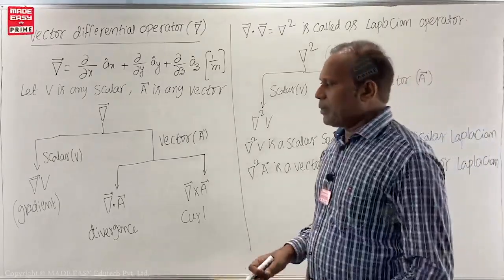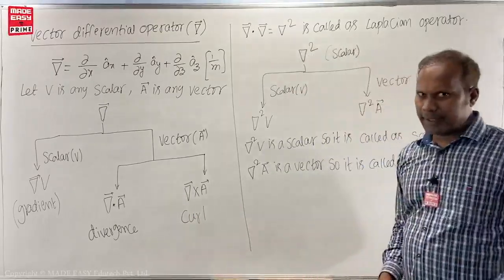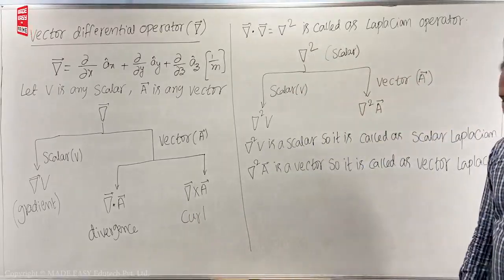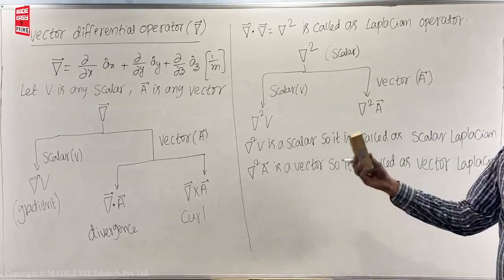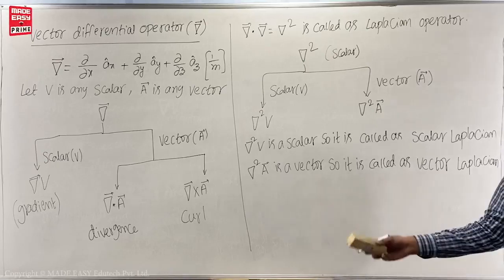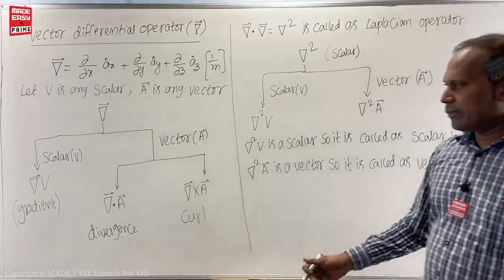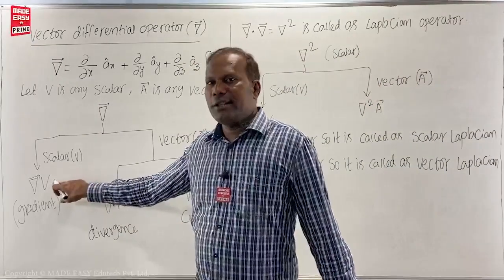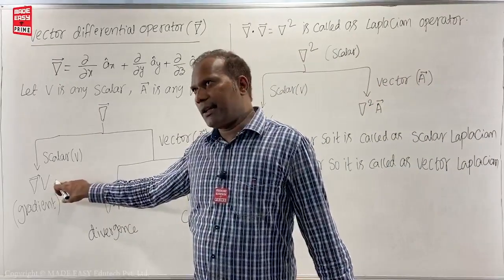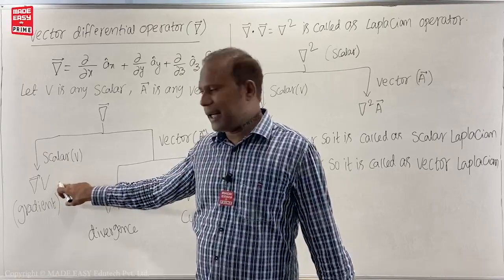So now you have to see the formulas of each one. First we will see the physical meaning, then formulas, then example formula in electromagnetic theory I will tell you. So now we will be discussing gradient operation. Once again I am telling, in place of v, scalar, you can take charge, electric flux, magnetic flux, any scalar, like temperature.